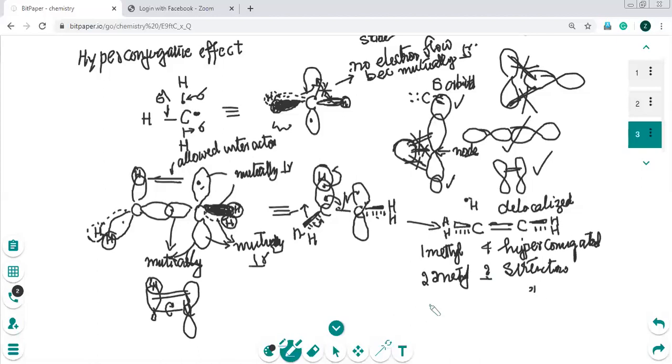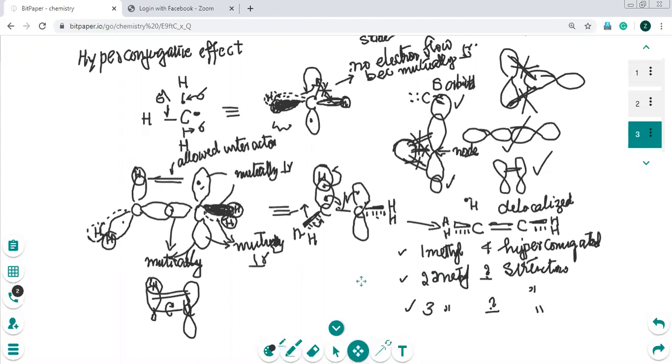Suppose you have 3 methyl groups. Again, how many hyperconjugated structures will be there? You can find out. Clear? So draw all these figures, for the primary, secondary, and tertiary. And that will explain.